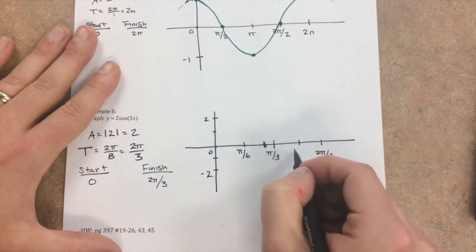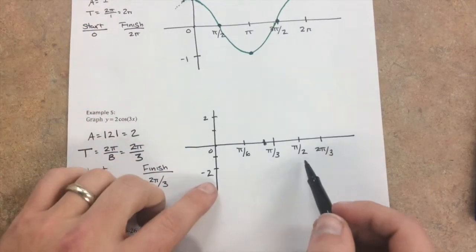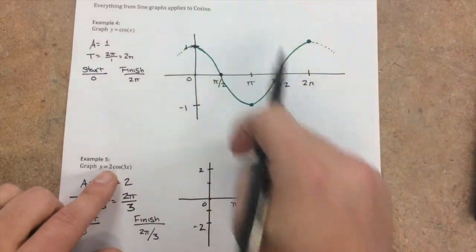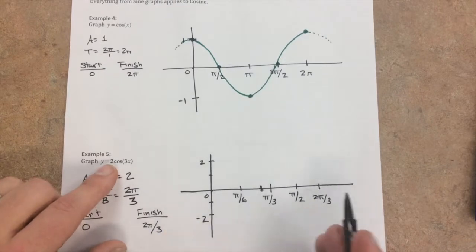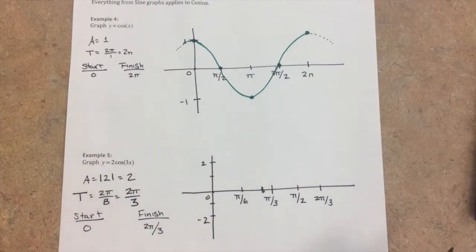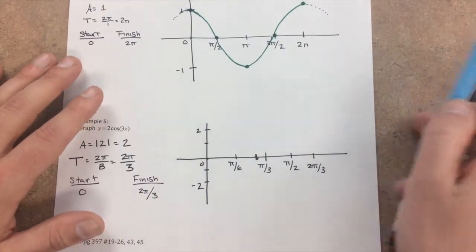This might look a little weird, but these values plugged into this function give us the exact same y values, or outputs, as we had here. We do this subdivision so we can get the basic shape of our cosine graph. So let's do light blue.